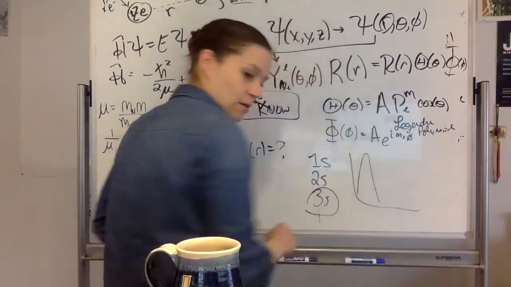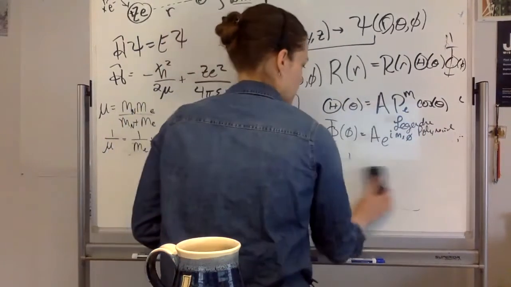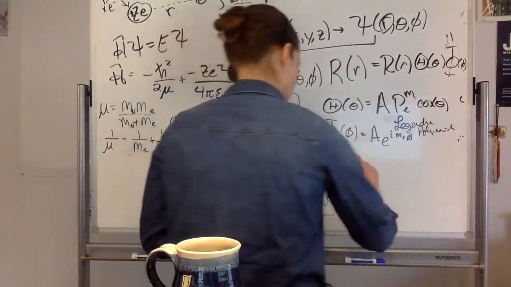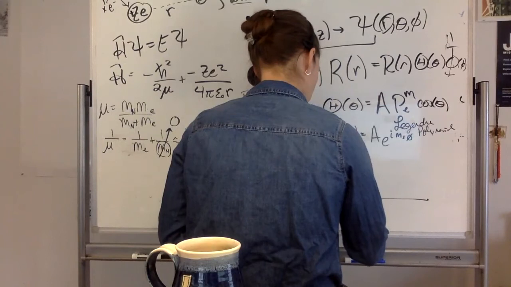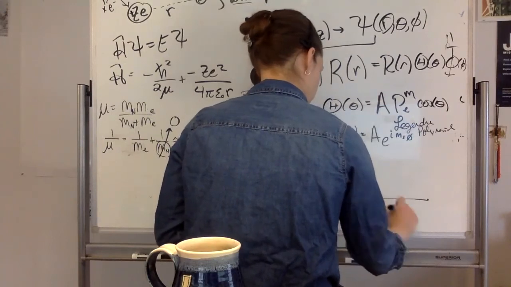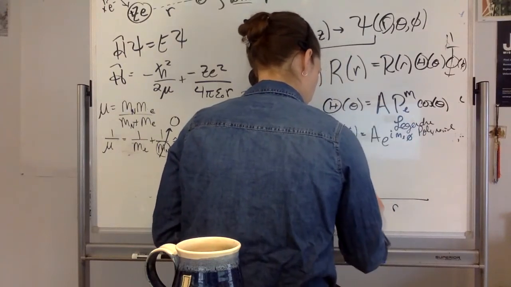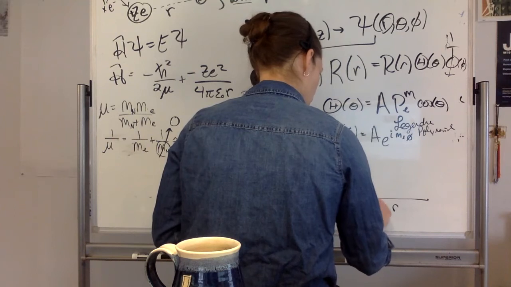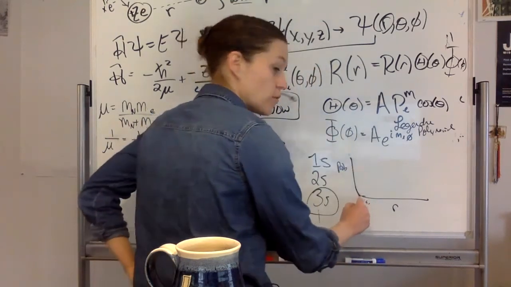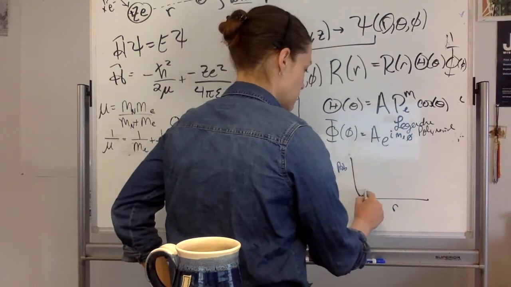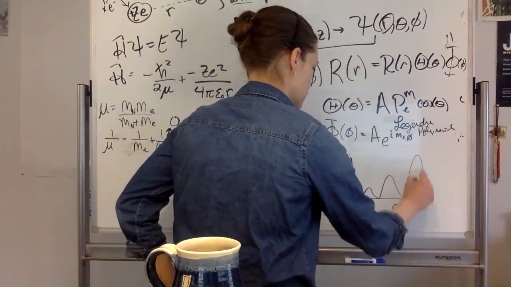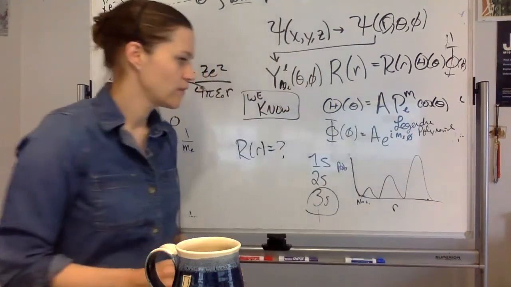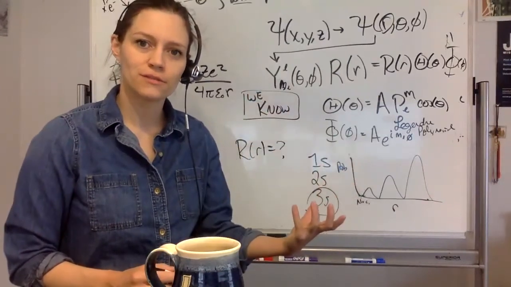So probability as a function of r, this is distance from the nucleus. So here's our nucleus, so 0 here, right? Now imagine that in 3 dimensions.